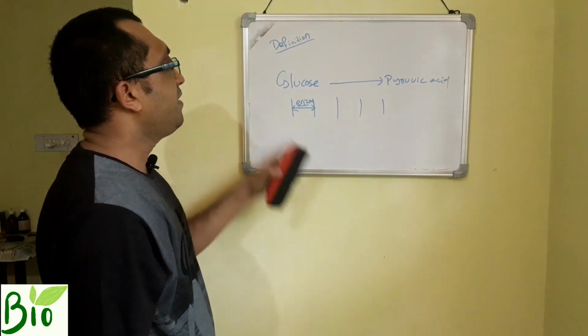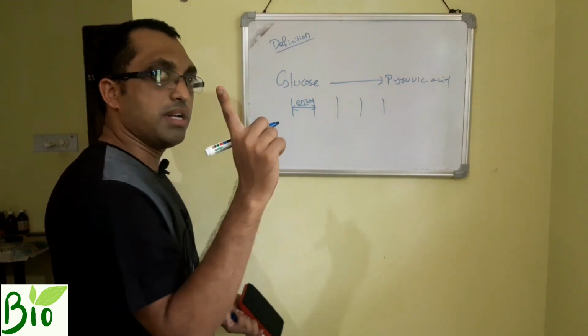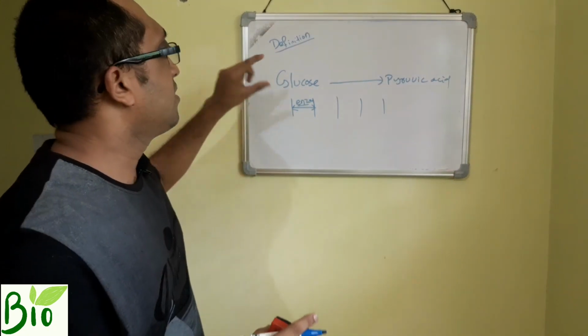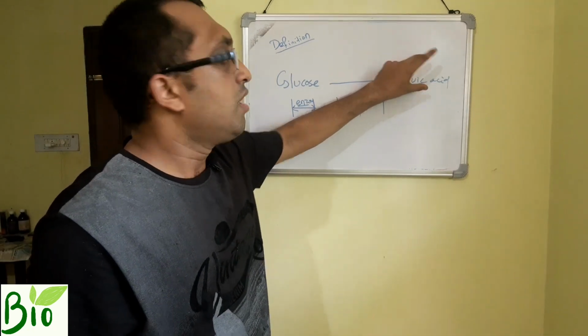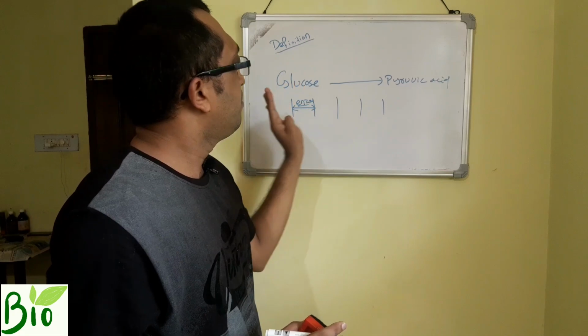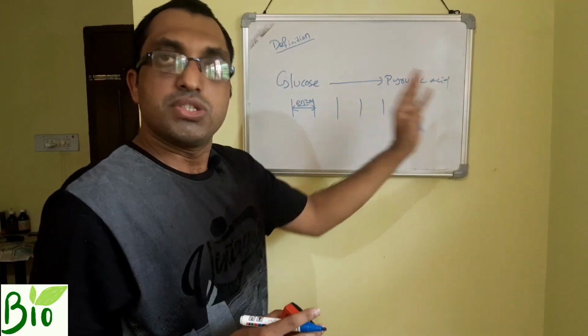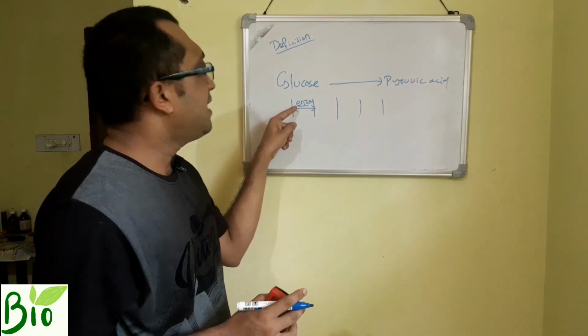So we can conclude the definition of glycolysis. The problem is the solution: glucose converts to pyruvic acid, not directly but with 10 steps, and in each step an enzyme is required.